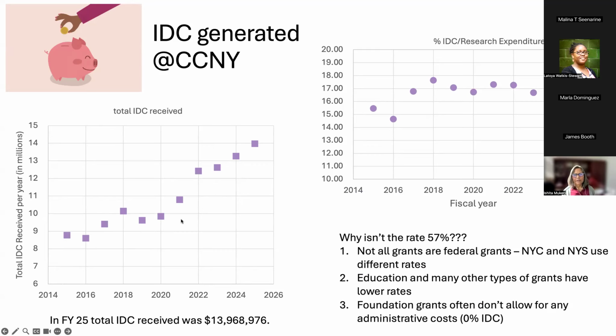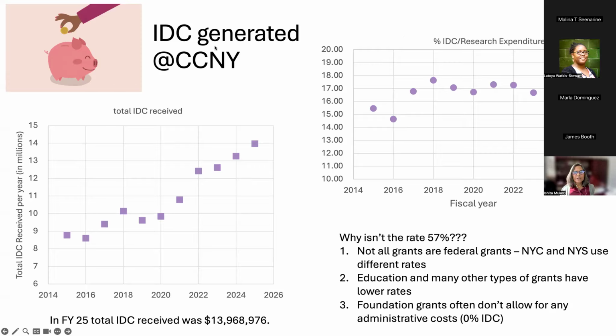Everything went down during that time. Grant funding was low, and now it's been going up again. So here's 2025, where we received almost 14 million in IDC.